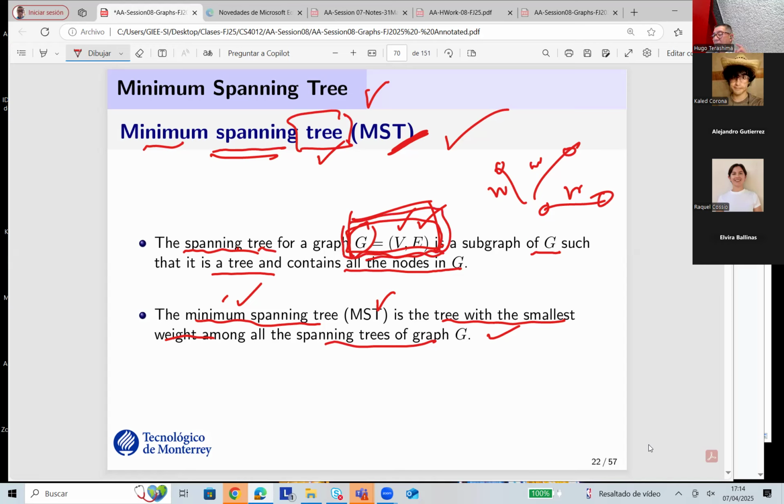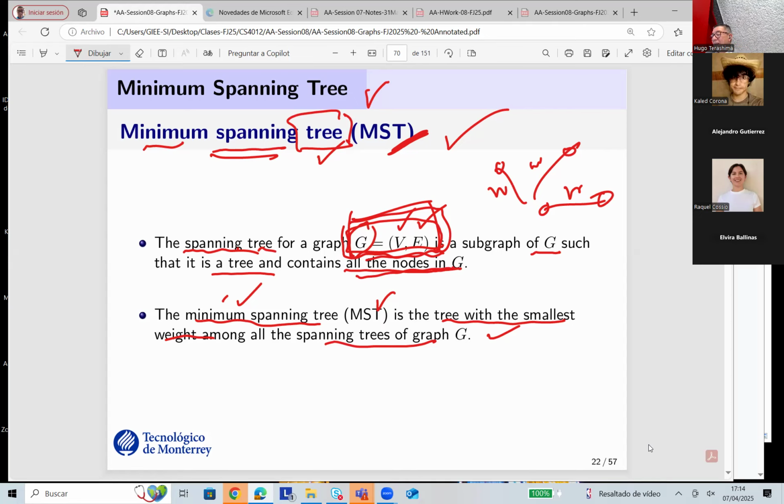Undirected, and the condition is that I don't have a cycle in that structure. That is a tree, right? And then the second is that the tree is going to contain all the nodes in G. Is that clear?